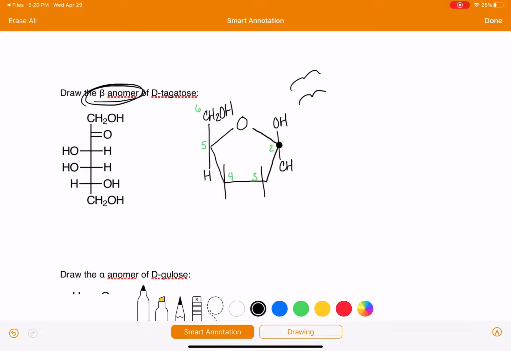And because the OH group has to be sticking up, the CH2OH, carbon number 1, is going to be sticking down. So where do we draw the OHs on carbons 3 and 4? When we rotate this molecule on its side, carbon number 3's OH will be up, and same with carbon number 4. And there's what we get.